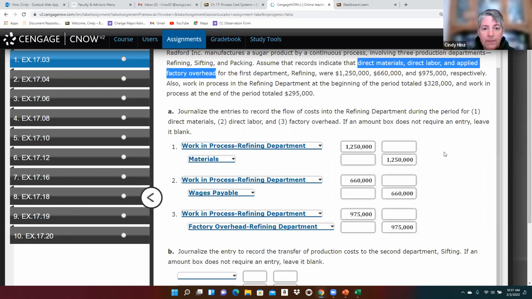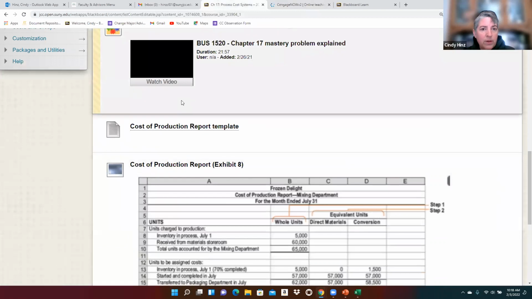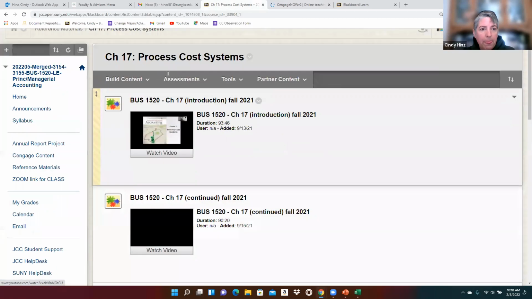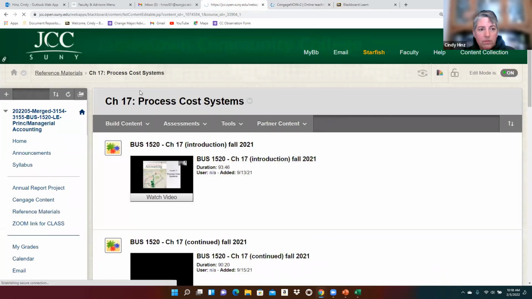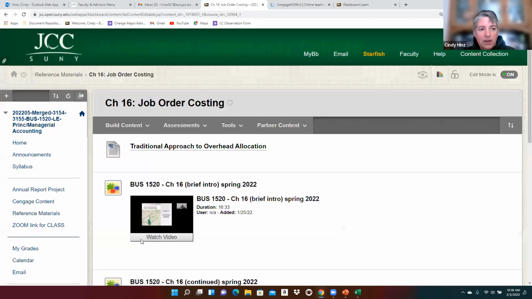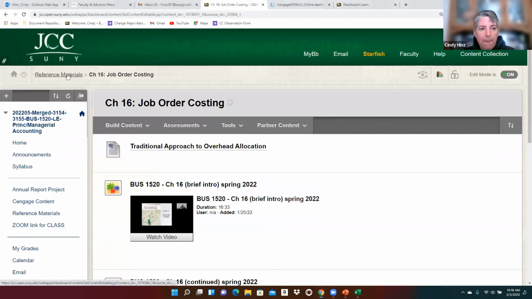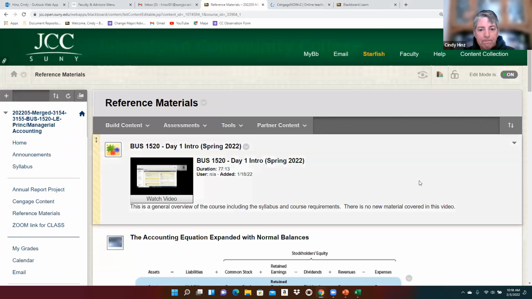Anything else from part A? Okay. So it gives us beginning and ending balances. I will remind you that in Blackboard, if I were to go back to the chapter 16, nope, sorry, it's going to be chapter 15, not 16.